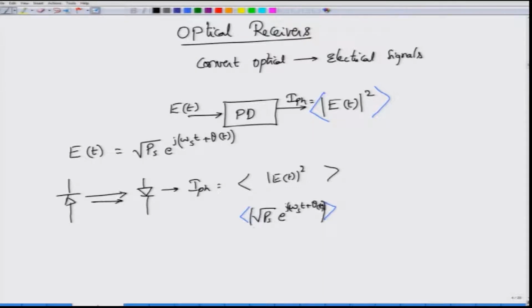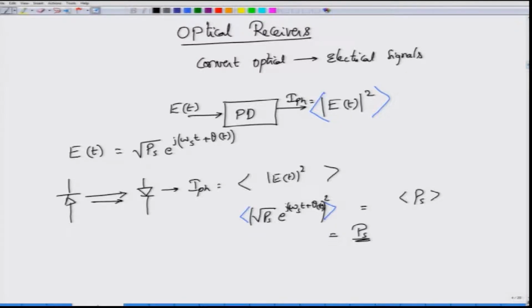If I take the magnitude square here, I get Ps, and then averaging this out, the fast varying time component drops out and I simply get Ps, which is the power with which the laser is supplying the signal. Forget about the half or other factors; there would be a half corresponding to the cosine signals, but don't worry about those factors.